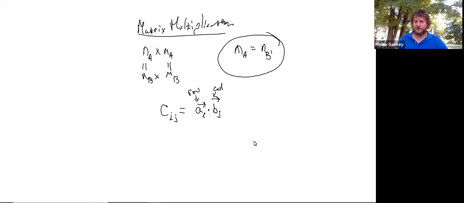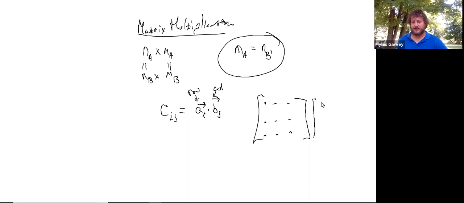Put differently, or visually, if I have, let's say, a matrix that looks like this, and a matrix that looks like this, notice that this is a 3x3 matrix, and this is a 3x1 matrix. And what I get out as a result is a 3x1 matrix. As strange as that sounds, here's why.